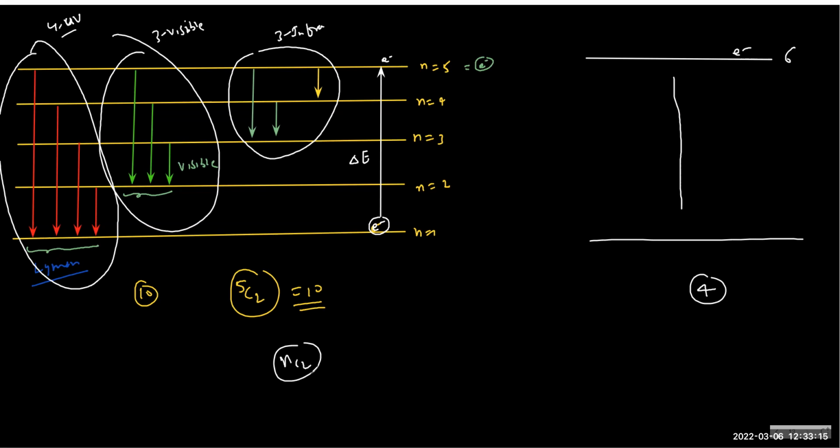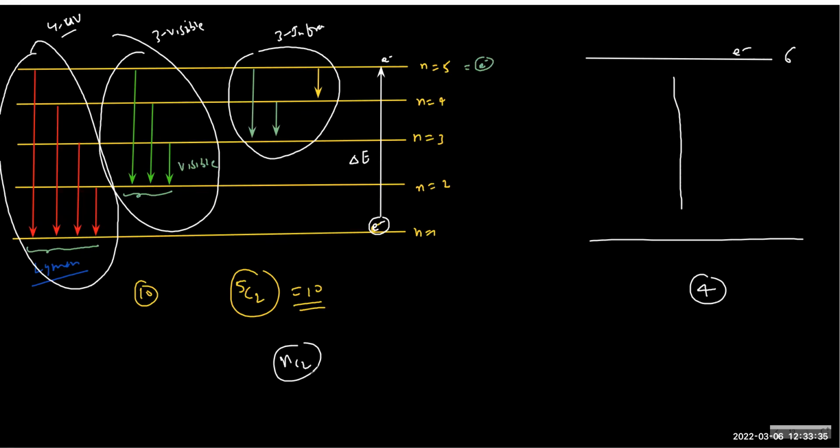So what did I ask, for which the answer was 4? I asked that if the electron is given enough energy to reach the 6th orbit, or the 5th excited state as you can say, then definitely it will try to go back to the ground state, right? That's the natural process.